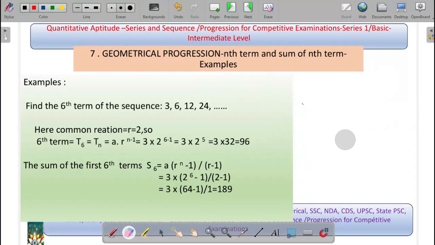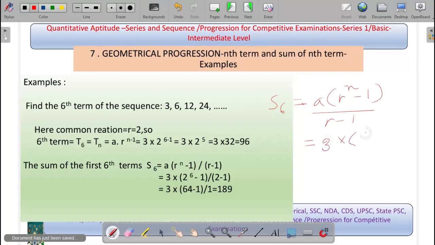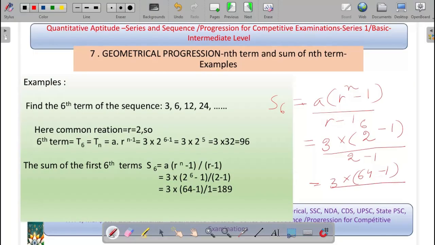The sum of the first six terms, S6, is equal to 3 into 2 to the power 6, which is 64, minus 1, divided by 1.